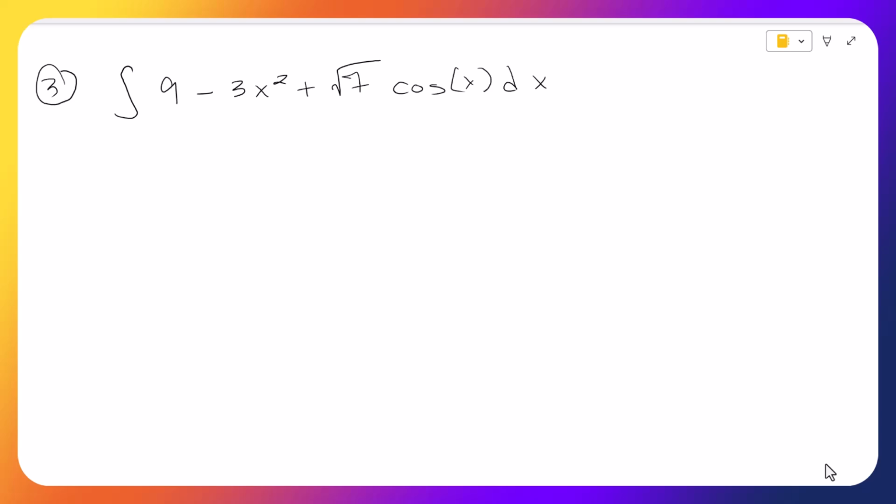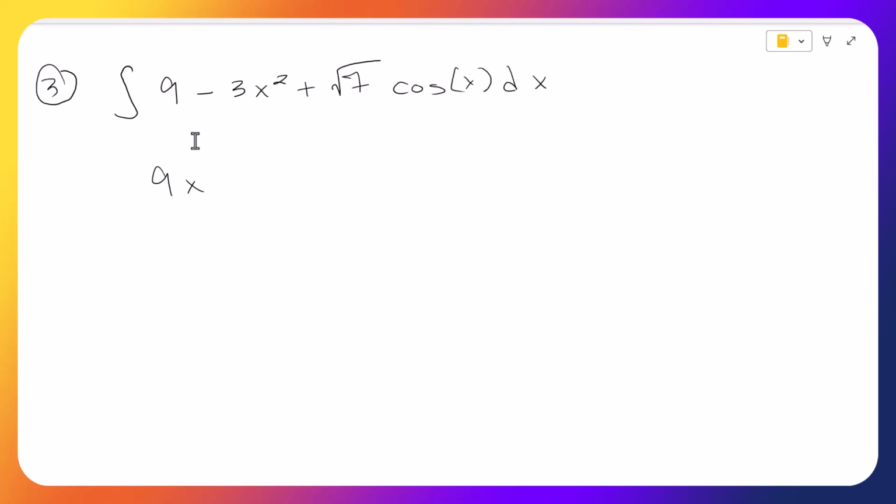Okay, we're coming back, and I'm going to move quickly. The antiderivative of 9 is just going to be 9x. The antiderivative of negative 3x squared, well, I'm going to take my exponent and add 1, so it's going to become x cubed. And then I'm going to divide by this same exponent.